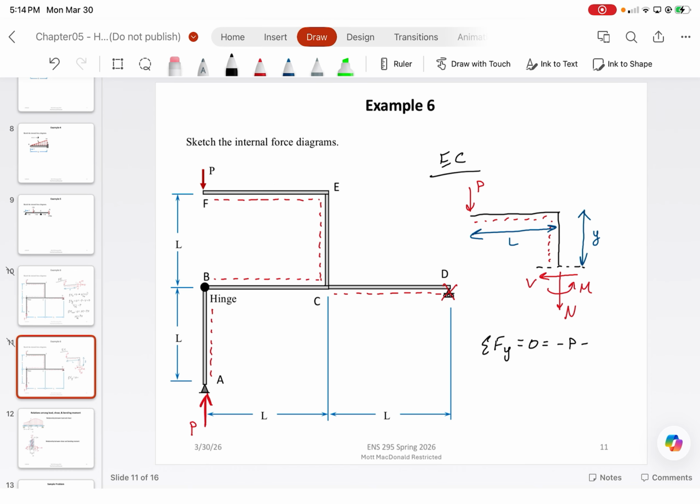And then from sum of the moments about the cut equals 0, we have M minus or plus PL. I'm just going to write it up here, which tells us that the bending moment in member EC is equal to negative PL.